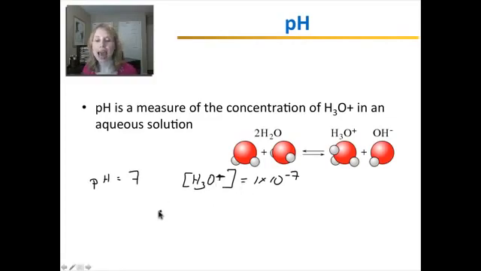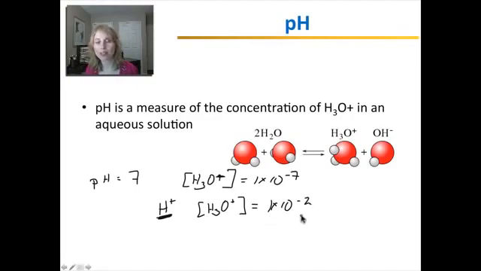Now, say that I added an acidic solution that adds an excess of these hydrogen protons. By adding an excess of hydrogen protons, we will increase the concentration of the hydronium ions, and say that I added enough to increase it to 1 × 10⁻².